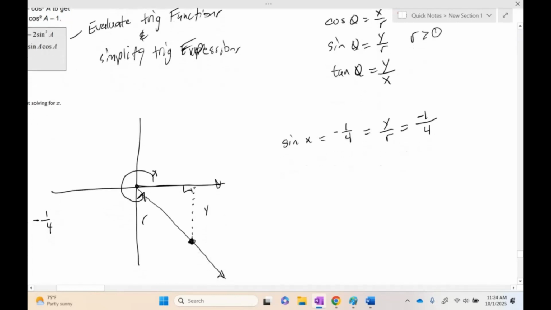So I'm going to jot that in. So y is -1, and I can see y is -1 because if this is an ordered pair, I would start at my origin, go over to the right, which would be a positive value, and then go down 1 unit. And r, remember that r is always positive, r is 4.